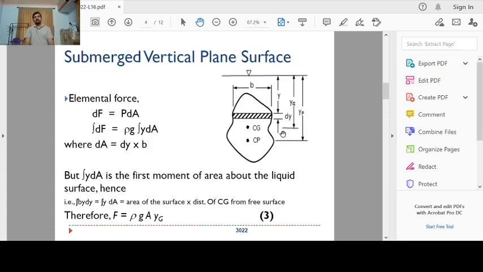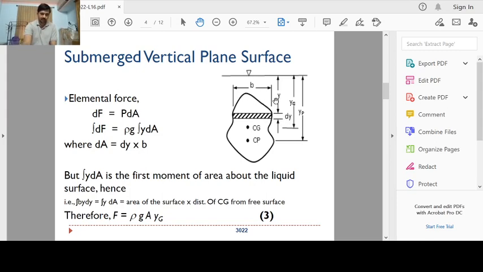Now let us consider a submerged vertical plane surface. There is a vertical plane surface which is immersed in a liquid. The cross-sectional view of that vertical plane surface is shown here within this arbitrary shape. You can see a small strip of height dy is taken for analysis, and different things are marked here.